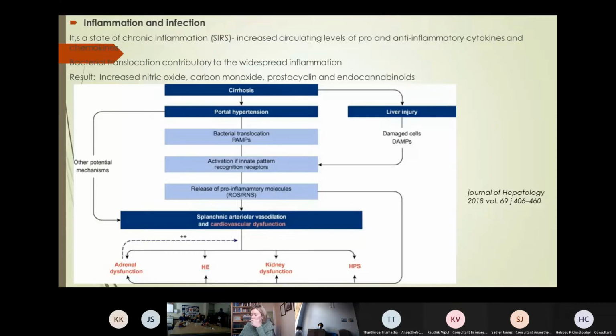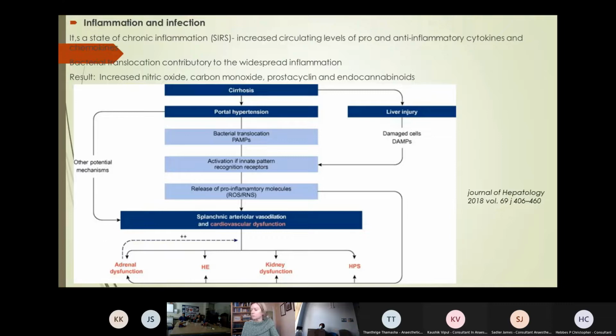The portal hypertension results in increased bacterial translocation from the gut. So with the increased bacterial translocation, we have the bacteria and the bacterial products, which I have indicated there as PAMPs, which is pathogen-associated molecular patterns. All these contribute to the inflammatory process.